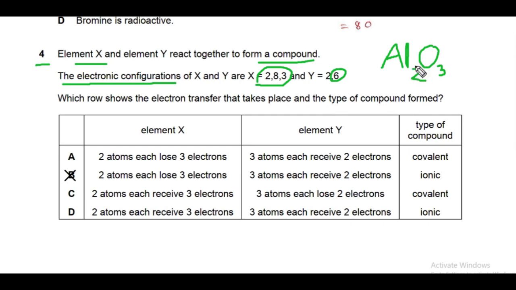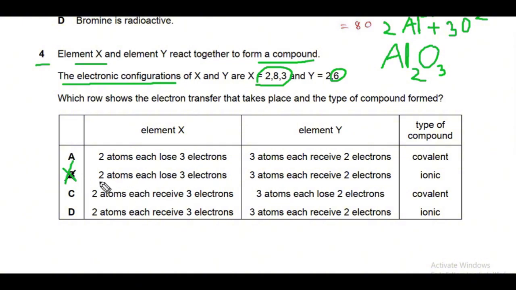If you ionize aluminium oxide, it will form 2Al3+, the group 3 ion, and 3O2-, the oxide ion. So B is the right answer.